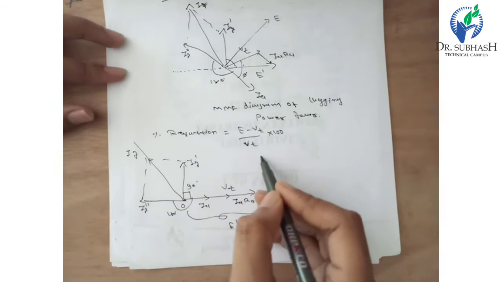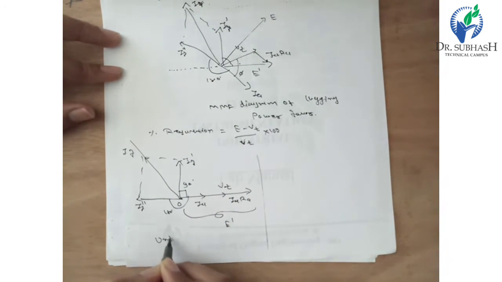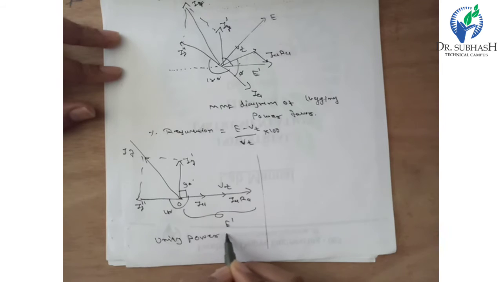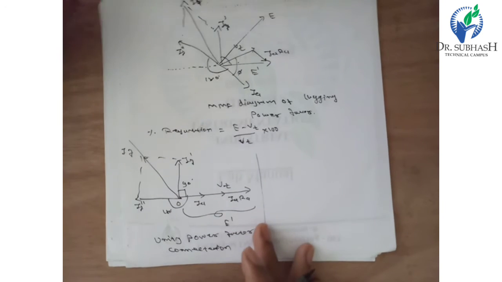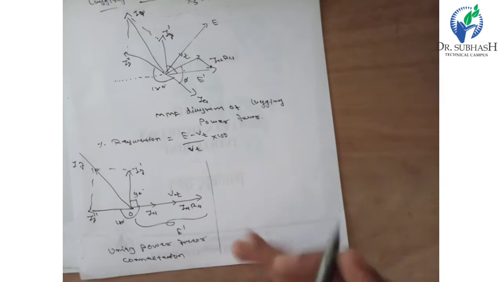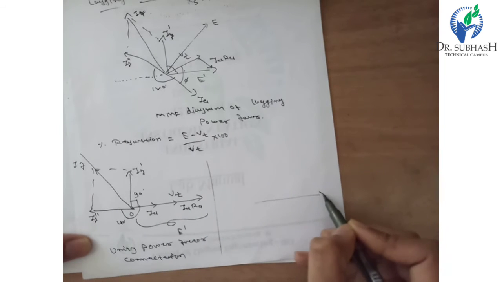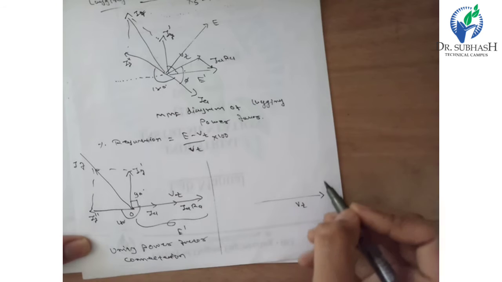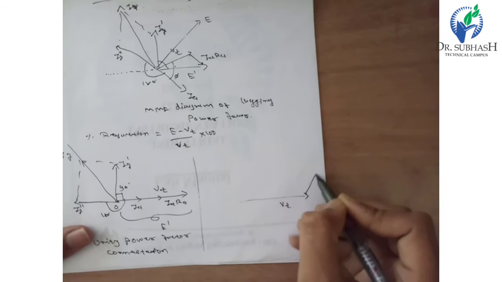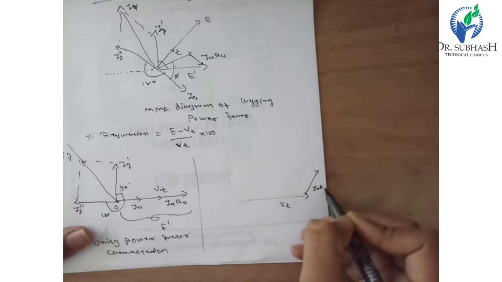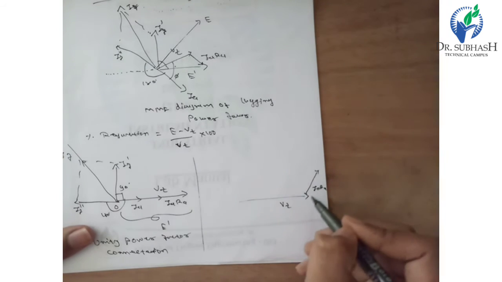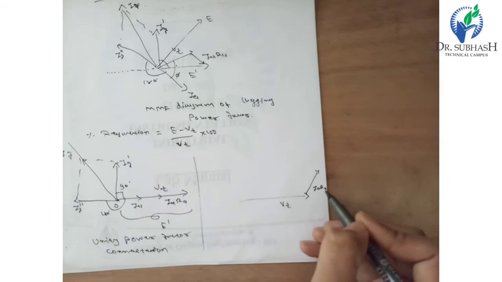For the leading power factor, we take the reference phasor as the terminal voltage Vt. The angle phi, the armature resistance drop and reactance drop will be drawn. The armature current and resistance drop are drawn here.